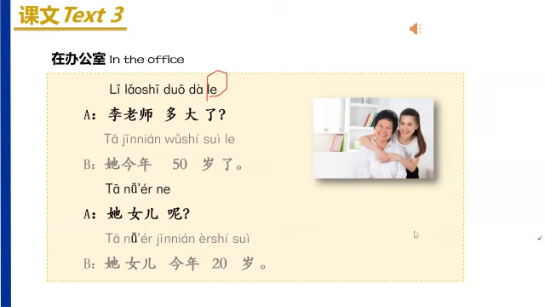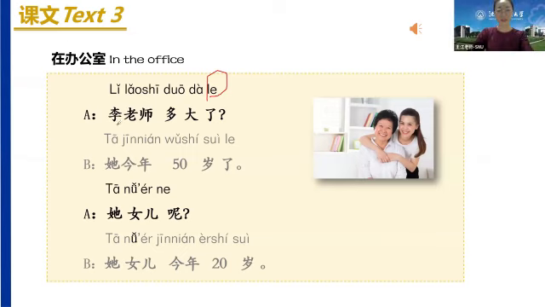Okay, let's review text 3. 李老师多大了？多大 is used to ask about people's age. It means how old is teacher Li? 他今年50岁了。He is 50 years old this year. 他女儿呢？呢 is used after a noun or a pronoun to indicate asking the same question as previously.